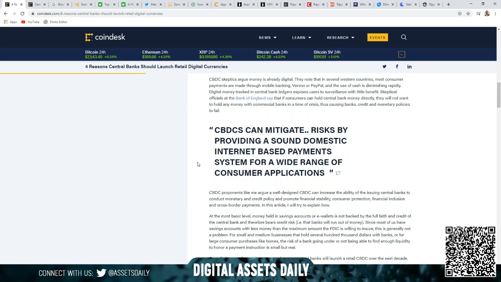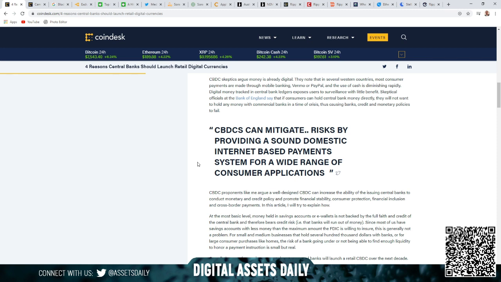Digital money tracked in central bank ledgers exposes users to surveillance with little benefit, and skeptical officials at the Bank of England say that if customers can hold central bank money directly, they will not want to hold any money with commercial banks in a time of crises, thus causing banks' credit and monetary policies to fail. We already know the Bank of England is now a third-year Ripple customer.